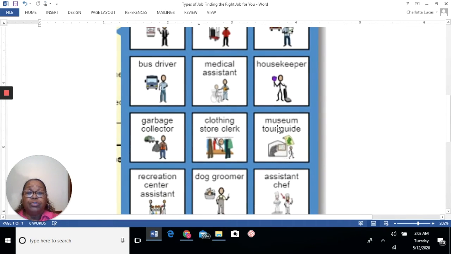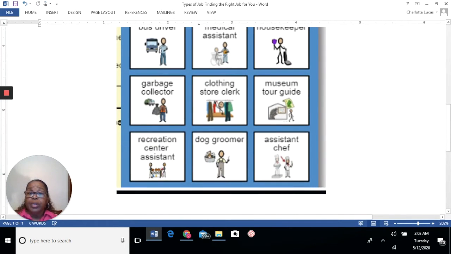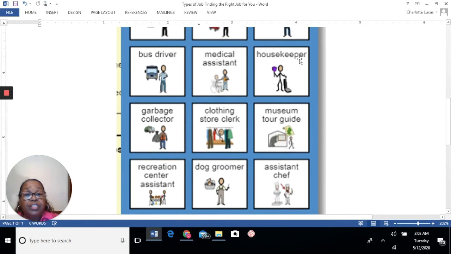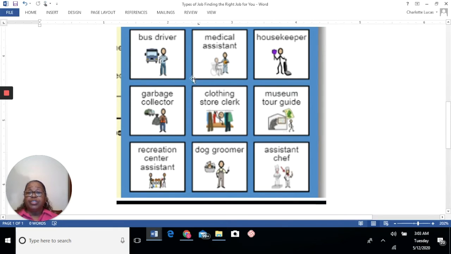That is a wonderful job to have. If you like keeping things organized, you can make a lot of money in that job. How about a job as a garbage collector, clothing store clerk, or a museum tour guide? How about a recreation center assistant, a dog groomer, or assistant chef, a sous chef? Those are the types of things.